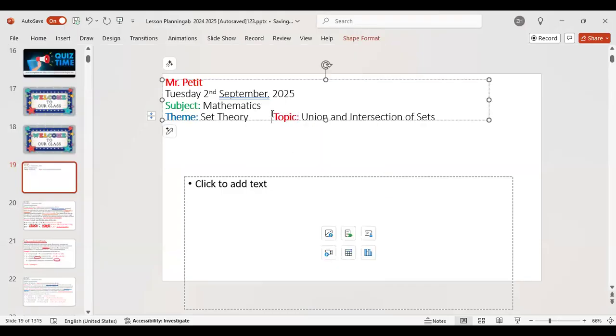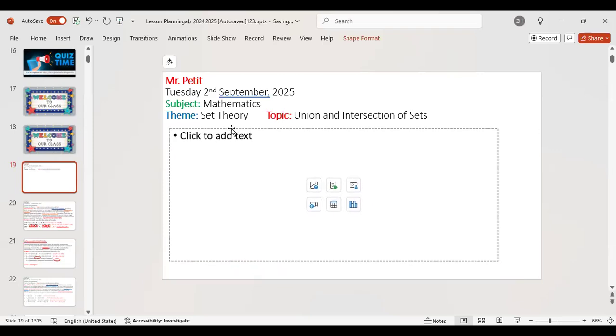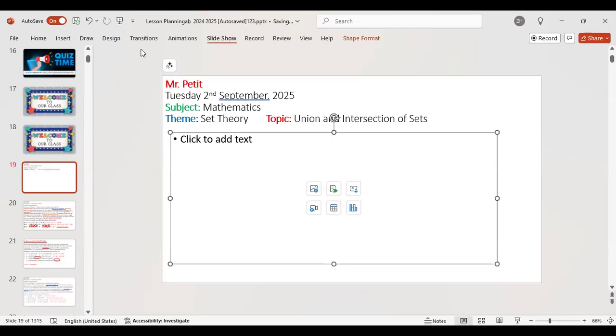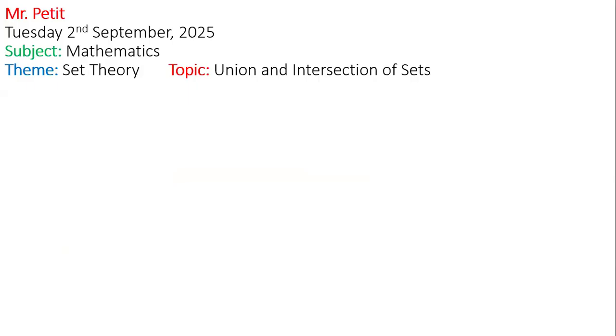So today we're going to be looking at the union and intersection of sets, and everyone should be writing this down. My question is, for those of you who were here yesterday, what is a set? A set is a group of things.